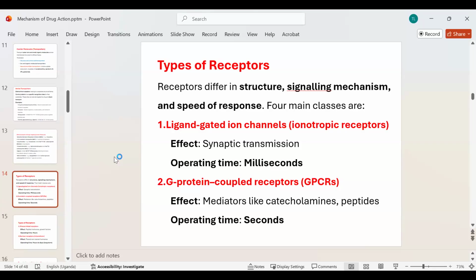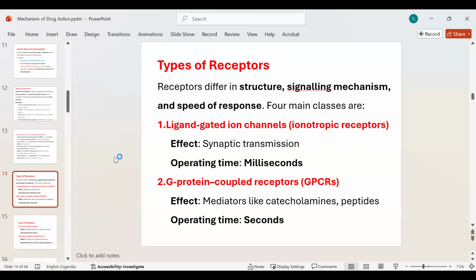So receptors differ in structure and signaling mechanism and the speed of response. There are mainly 4 types of receptors here.